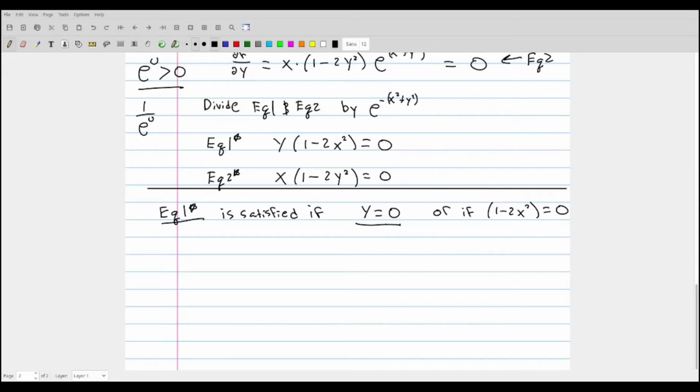If y is equal to 0, then equation 2 star becomes the equation x times 1 minus 0 is equal to 0, or the equation x is equal to 0. Which means that our first critical point is the point 0, 0. X equals 0, y equals 0.